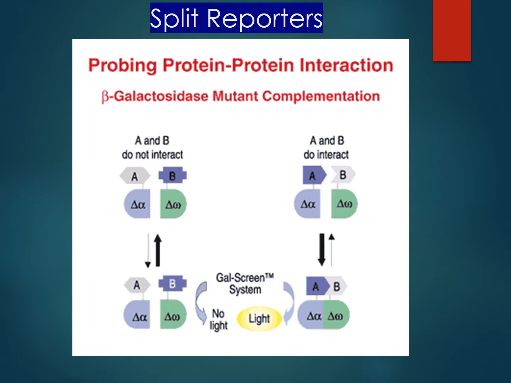We're going to start out with split promoters. This is an advancement over the two hybrid system, and this uses the formation of light, and that formation is very sensitive. Just notice that the production is light here, and it's called the Gal screen system.